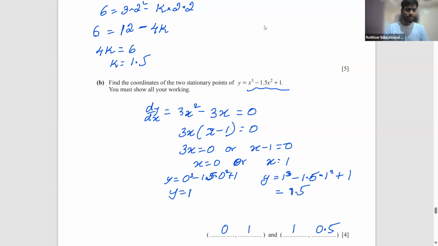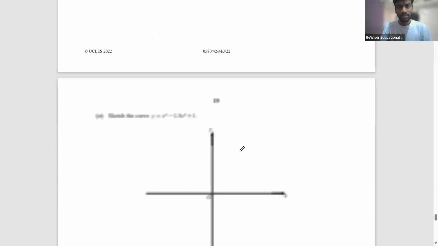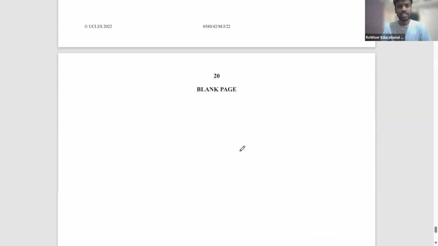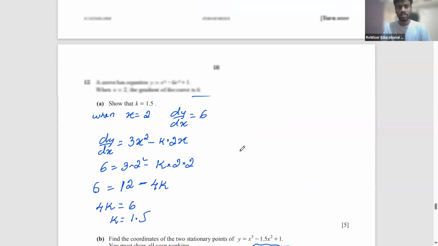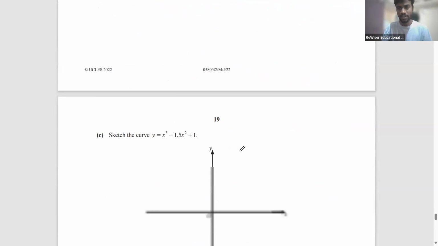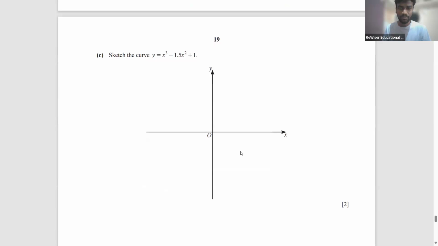That's the answer. And next, in part C, talking about sketching this graph. For sketching this graph, we should consider all these pointers. First of all, we have the stationary points to be (0, 1) and (1, 0.5). So I'll take these points to be -1, -2, +1, +2.